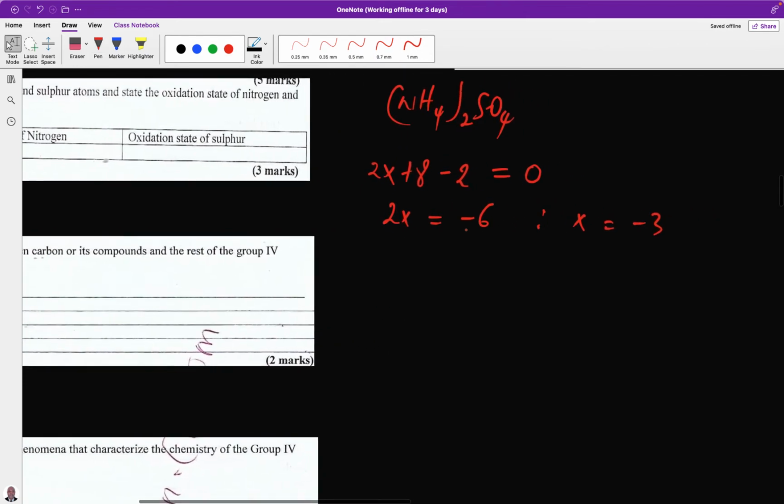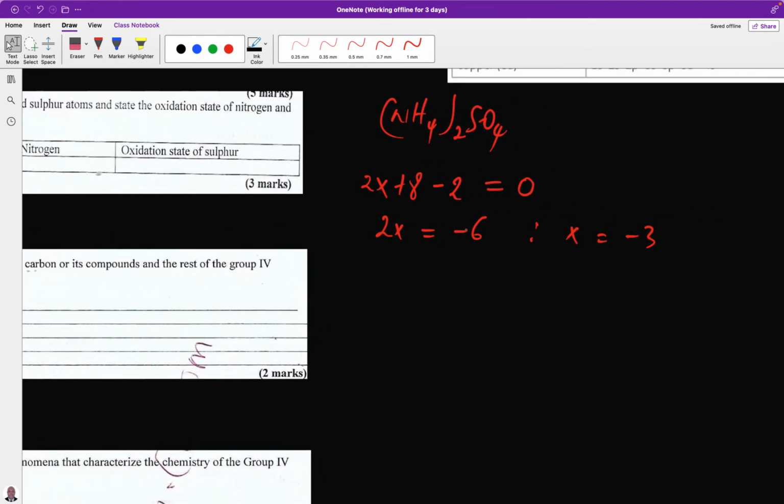Now again, another method to solve this is by using the ammonium alone. For this alone, we say nitrogen is 2x. Hydrogen is 1, 1 times 4 is 4, 4 times 2 is 8.